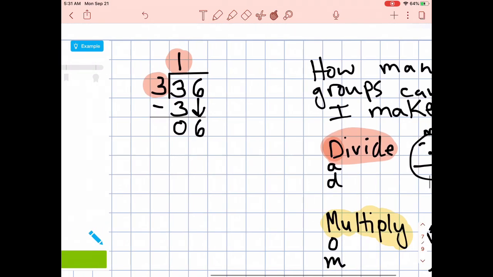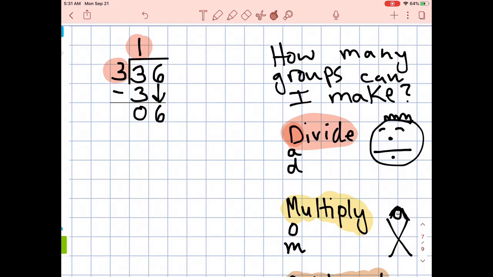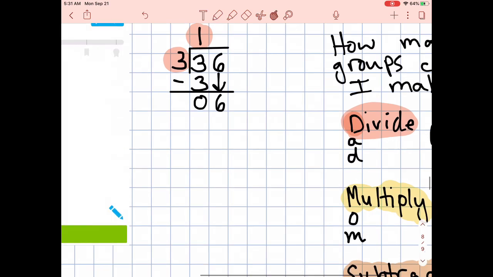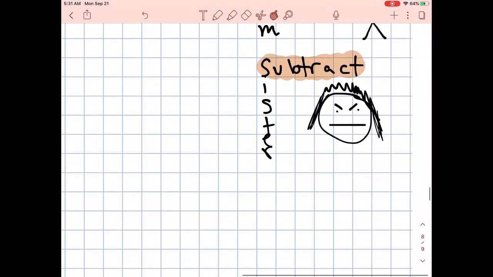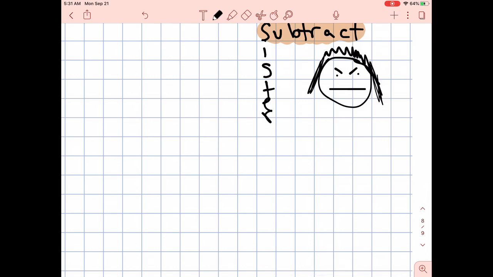That last step I did was bring down. I brought down the 6. So I drew this line here. And I brought down the 6 because I still have 6 left that I need to divide up. So we write that as bring down.